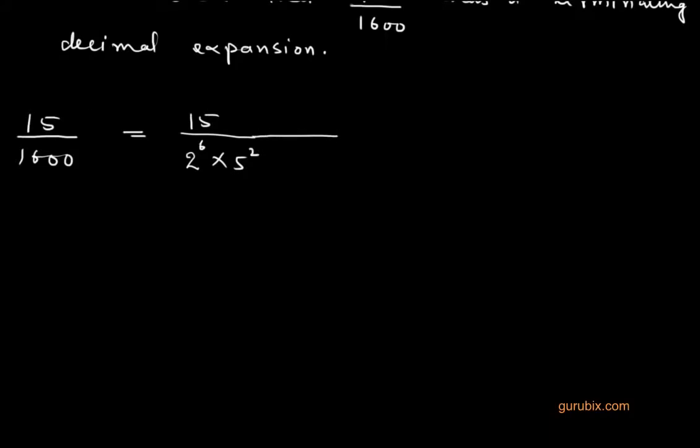And now we shall make the powers of 2 and 5 equal by multiplying both numerator and denominator by 5 to the power 4. Now 5 to the power 4 is equal to 625, and we can write this denominator as 2 to the power 6 and 5 to the power 6 also.